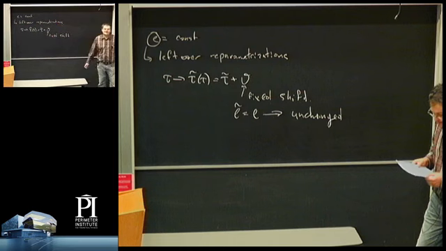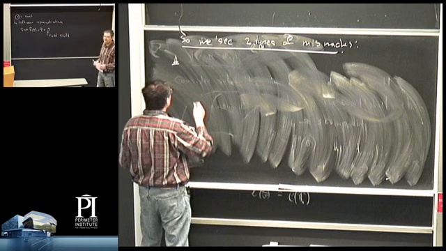So of course you can see that such a shift will have no effect on my tetrad, so there is a residual gauge transformation left after I fix the symmetry, right? So e tilde equals e, and so it's unchanged.